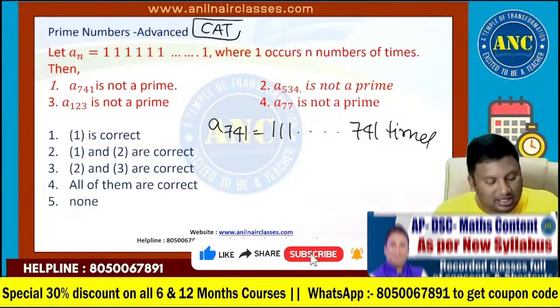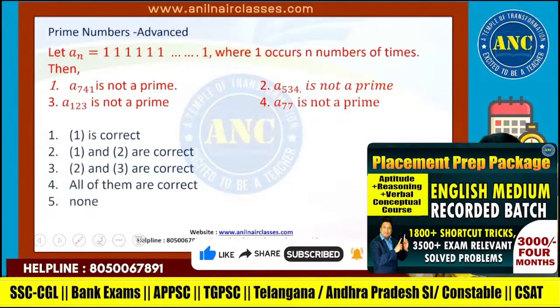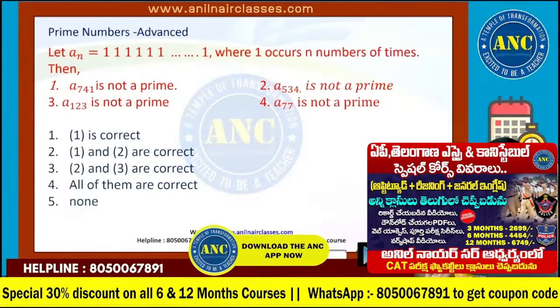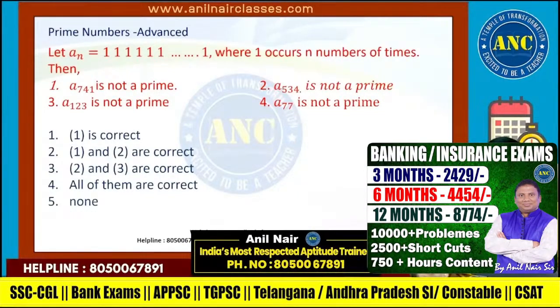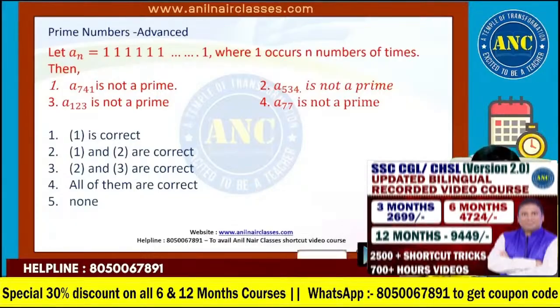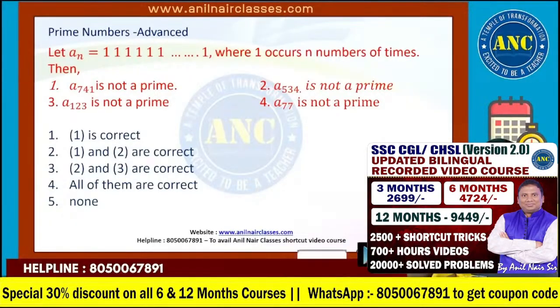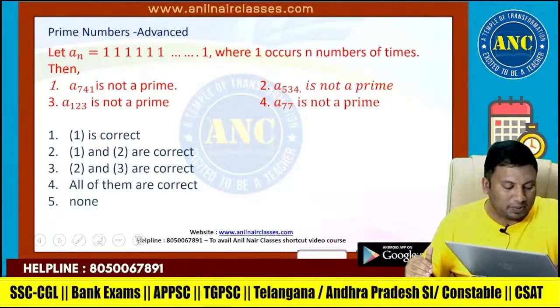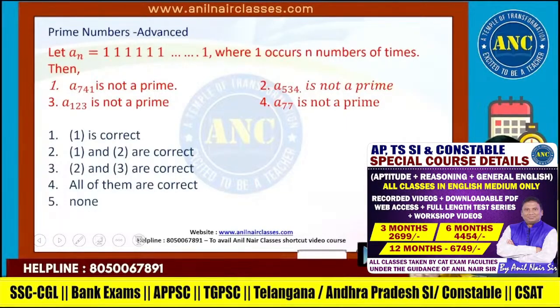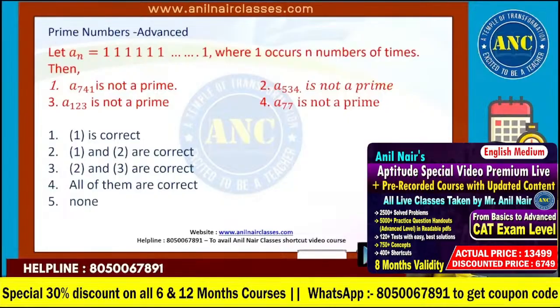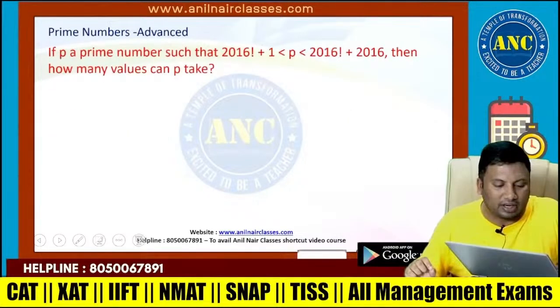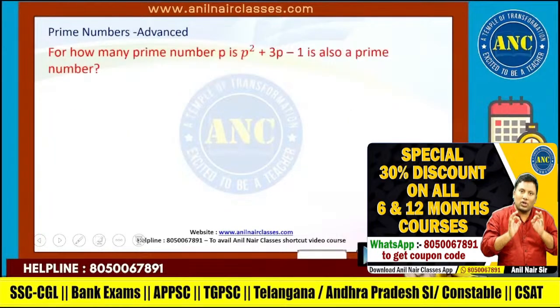Take a screenshot of this question and please try to solve it. Let me start with this problem in my next session so that you will understand your way of solving and how I am looking at a question from a different perspective. Instead of me solving every question, you try to solve it. Then let me check whether I am using any other methods.